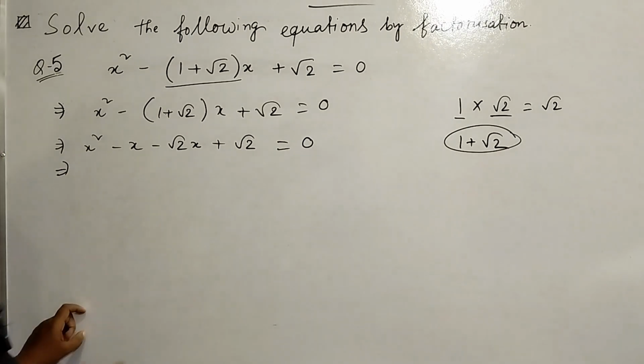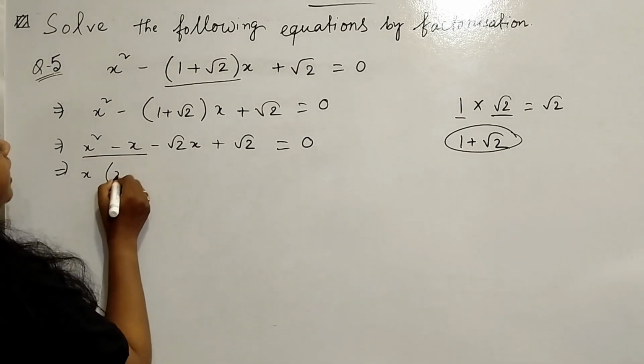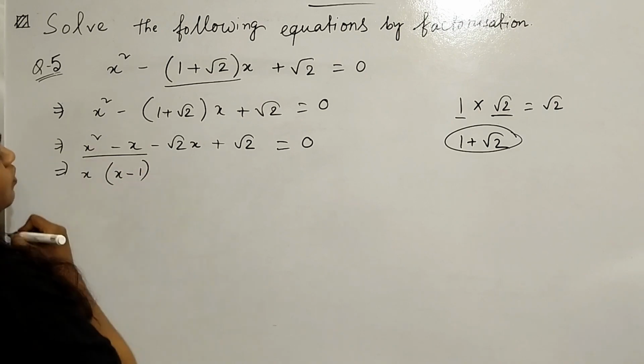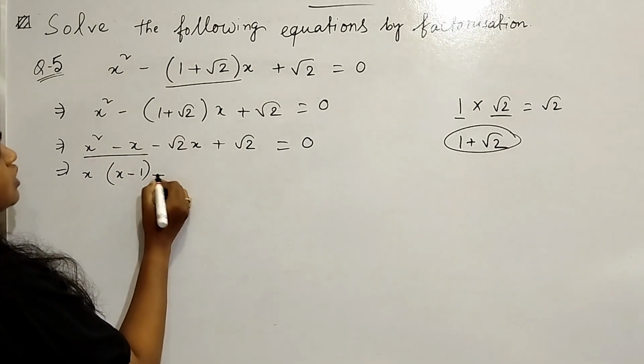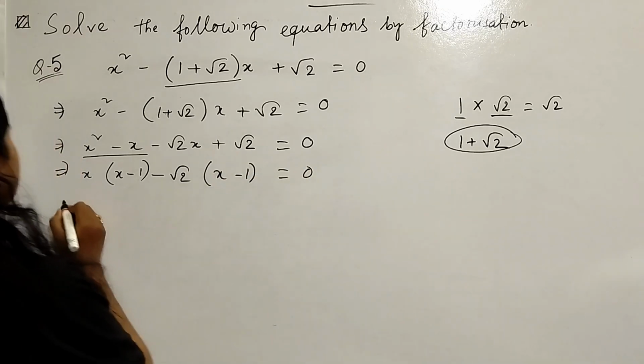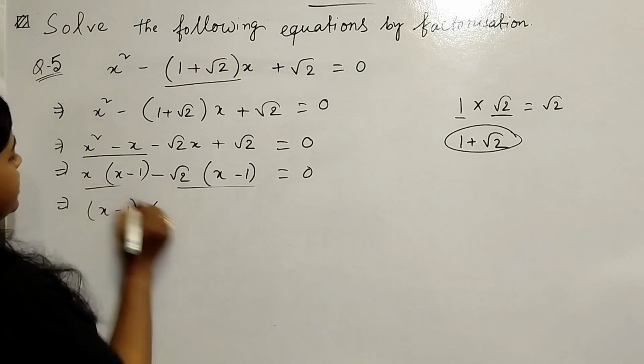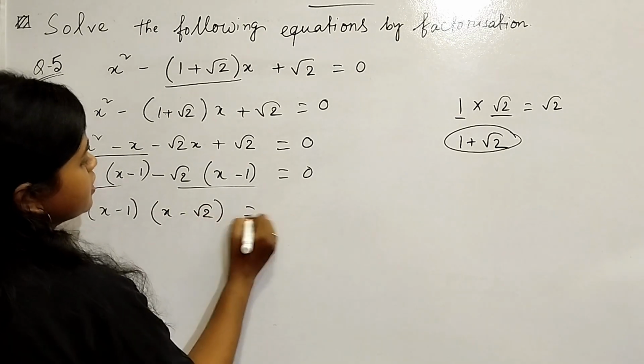So now we have to take common from these two terms. So here x is common and x is remaining and here 1, and from these two terms root 2 is common and x minus 1 equals to 0. And from these two terms we get x minus 1 and here x minus root 2 equals to 0.